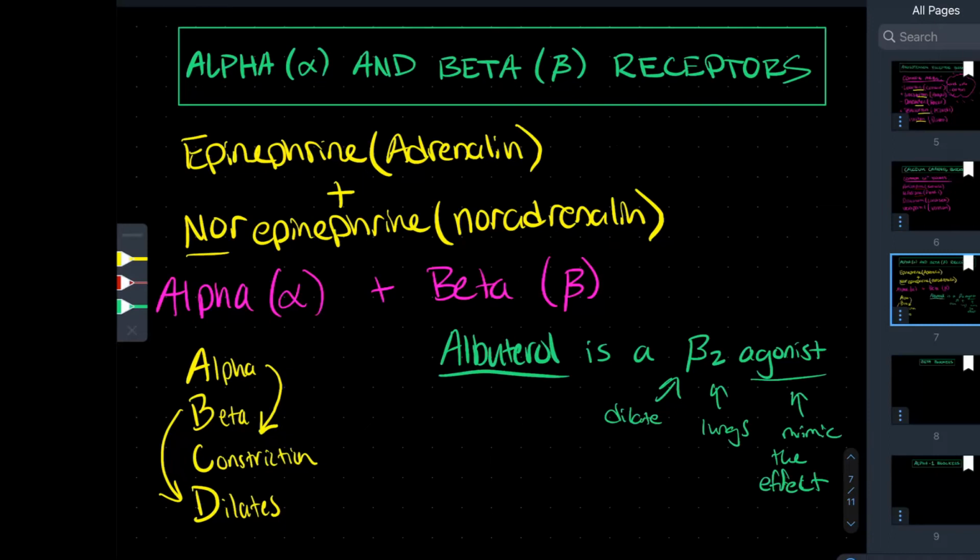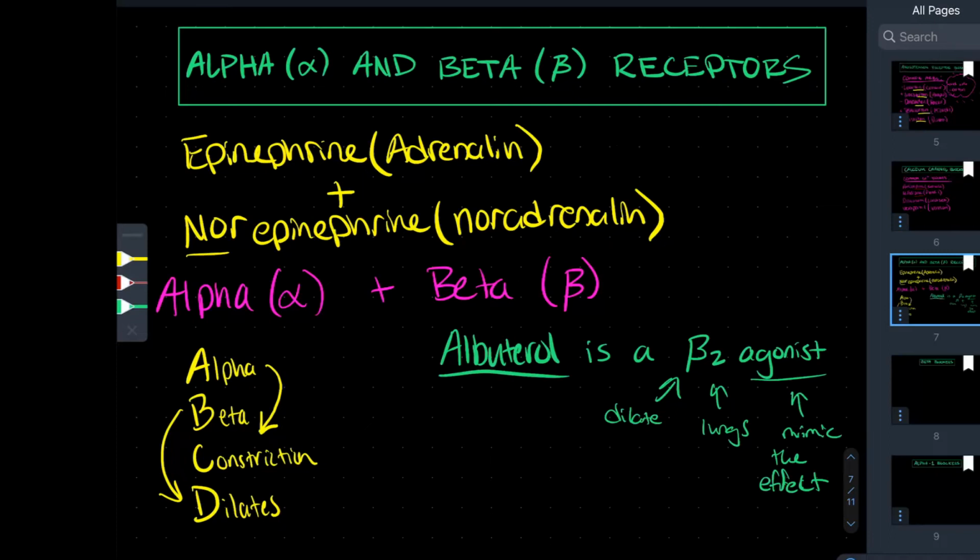So albuterol will dilate the lungs, which is mimicking the effect of what epinephrine or norepinephrine would do in the case of fight or flight, which makes sense. Because if you're trying to run away from a predator, you want as much blood flow to the lungs as possible, and you want the airways, the bronchi, to be dilated, because you want as much air to get in as possible, because you need that oxygen to run, because you're running from a freaking tiger.